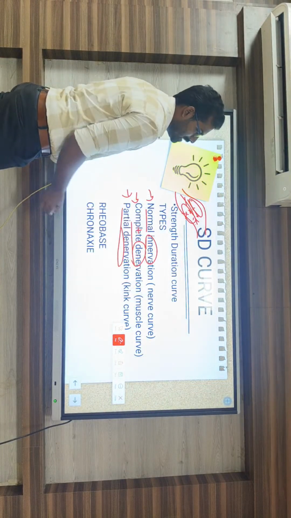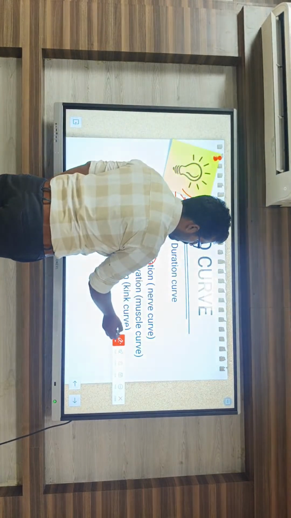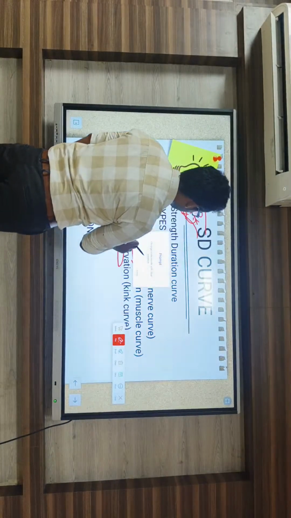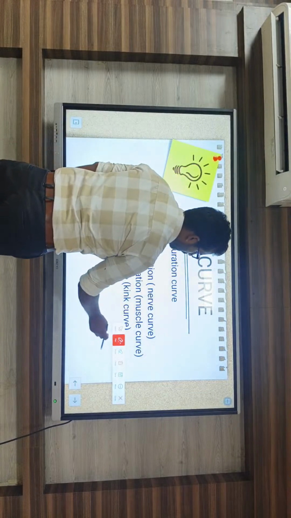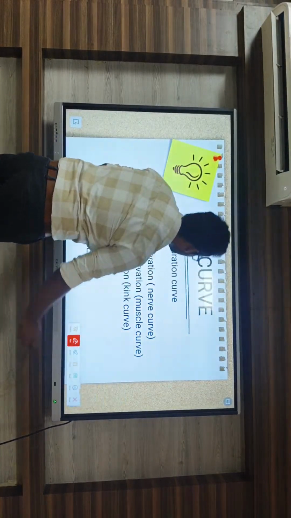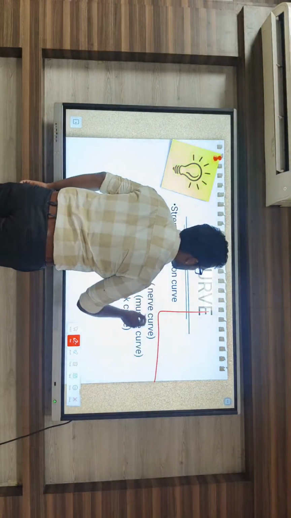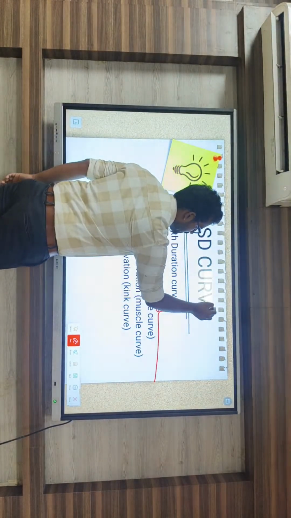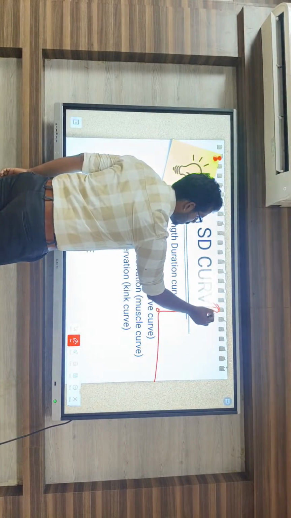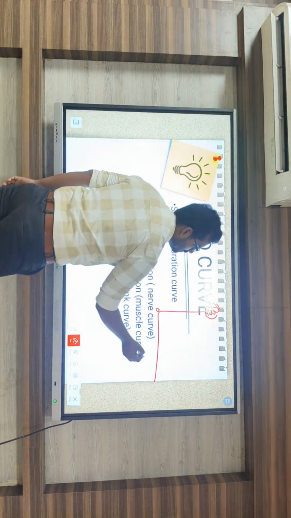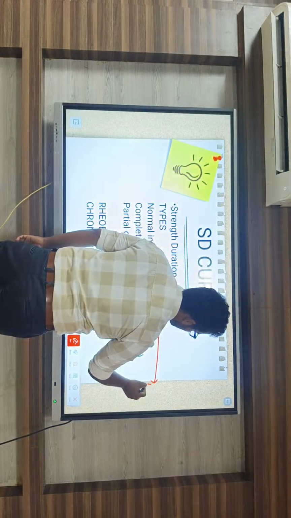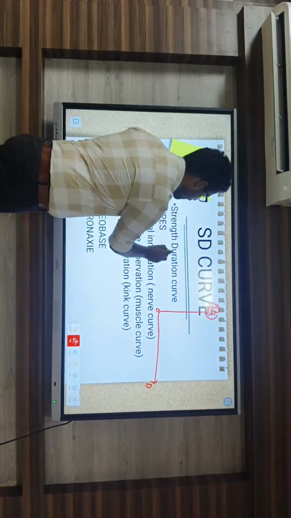So normal innervation, that is the nerve curve. So how is it going to work? First we are going to discuss normal innervation. This is the x-axis, otherwise known as strength. And this is the y-axis, otherwise known as duration.